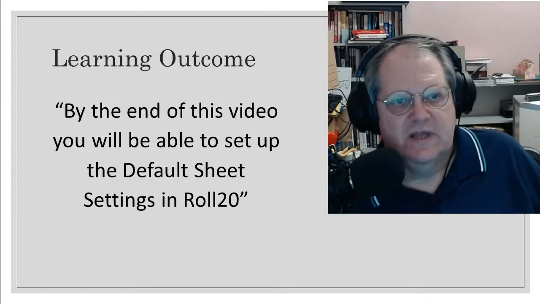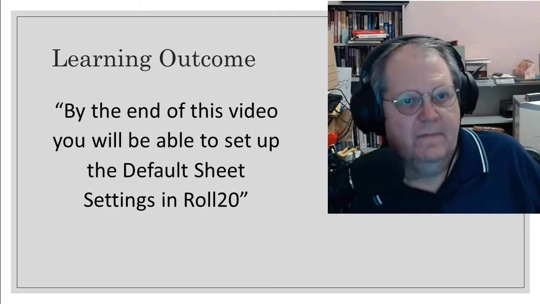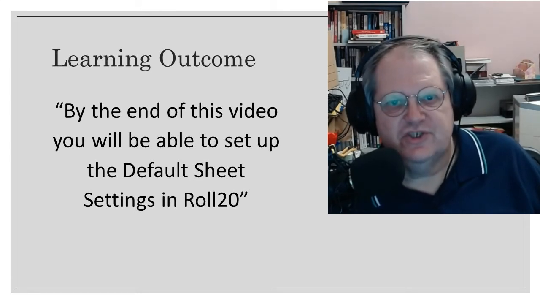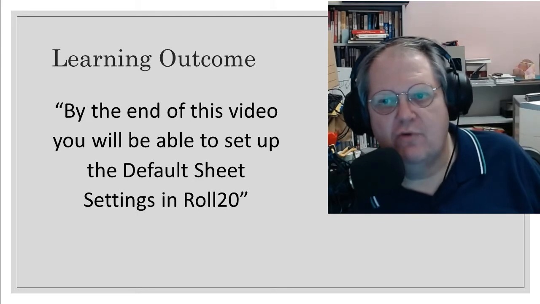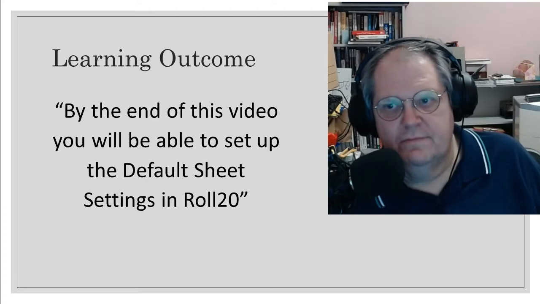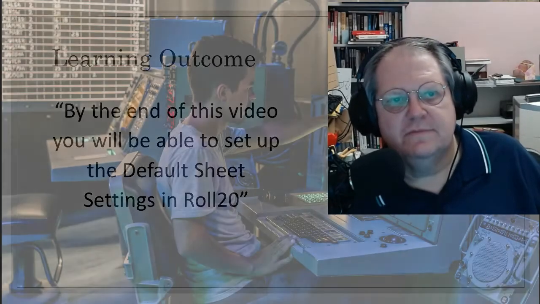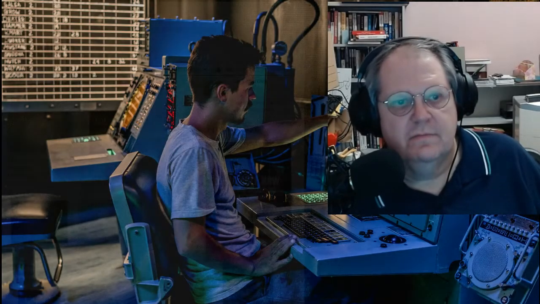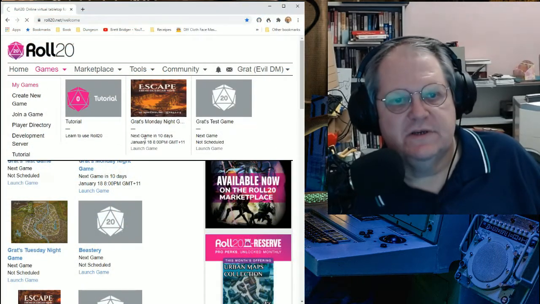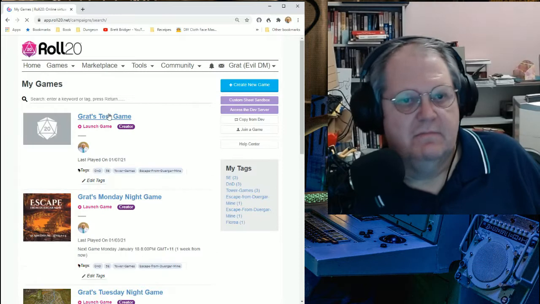So first, our learning objective. By the end of this video, you will be able to set up the default sheet settings in Roll20. To get to the settings is simple. First we select Games from the Roll20 menu, then My Games, then we select the game we want to configure, Grat's Test Game.